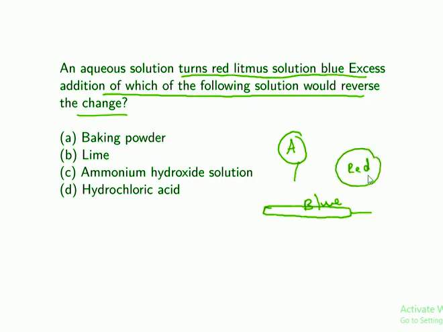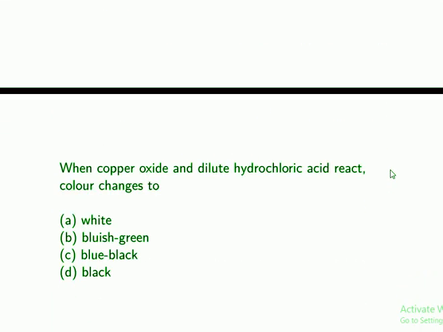When we add excess hydrochloric acid, the paper would change its color from blue to red. The options are baking powder, lime, ammonium hydroxide solution. Hydrochloric acid is the acid, so when we add it to this litmus paper, the blue color is going to change again to red, that is, it reverses.